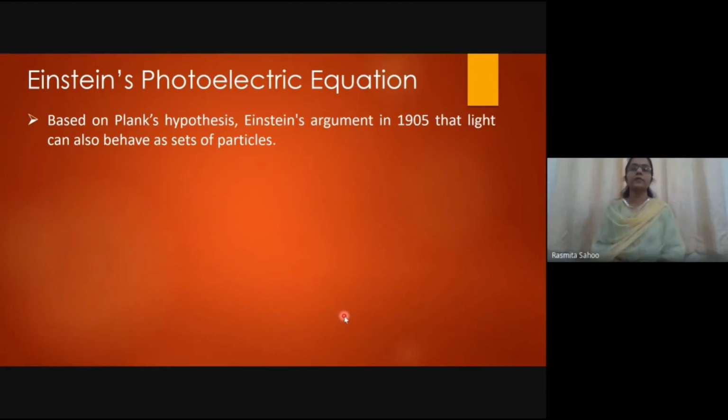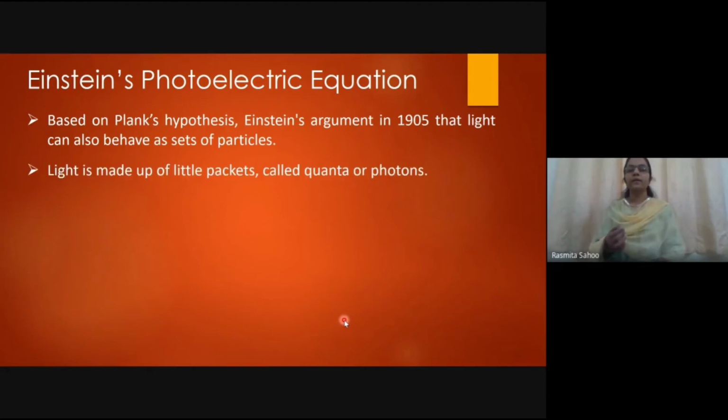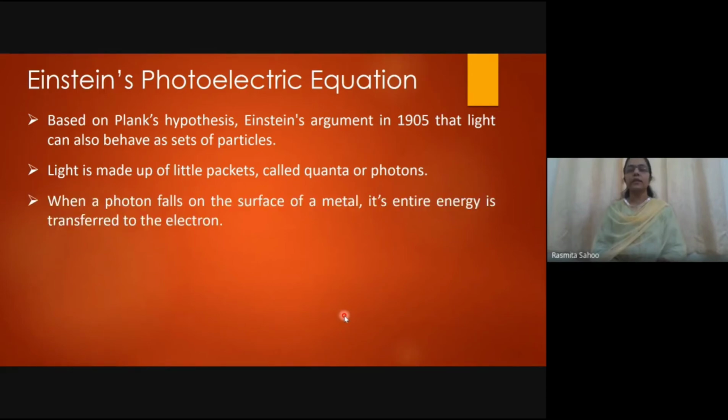What we have seen in Planck's hypothesis is that light behaves like a set of particles, made up of small packets called quanta or photons, and they have a discrete amount of energy.